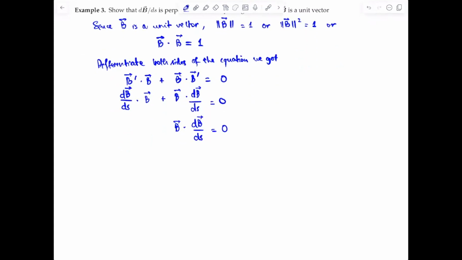So this shows that the binormal vector and dB/ds are orthogonal to one another.